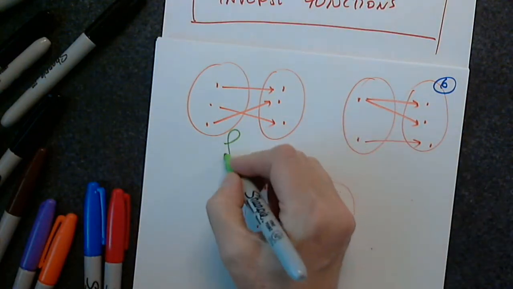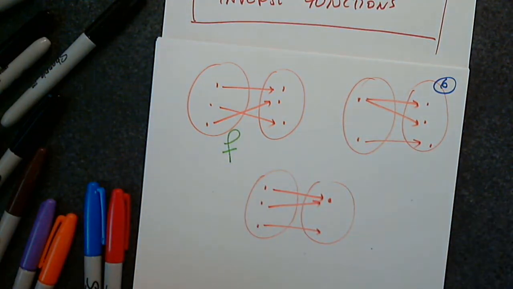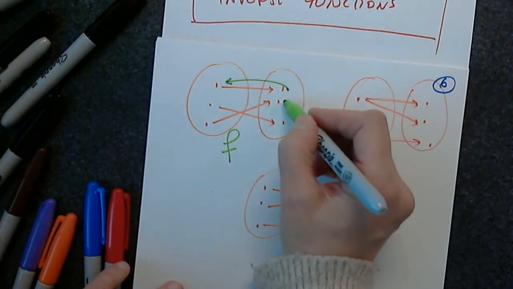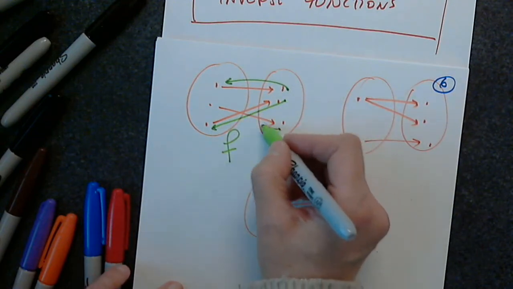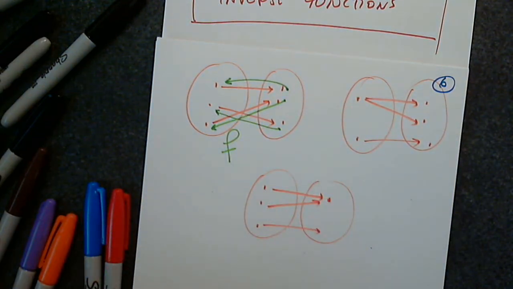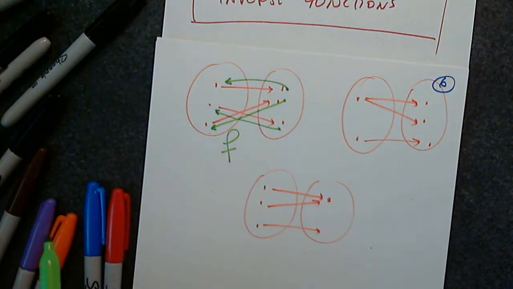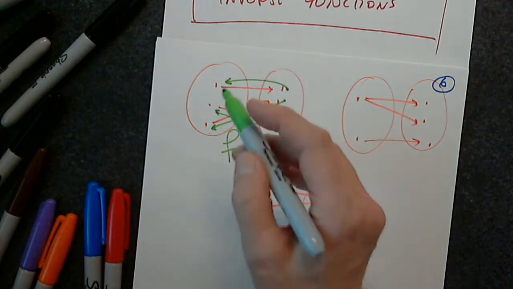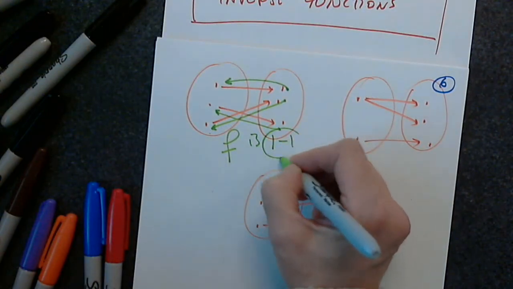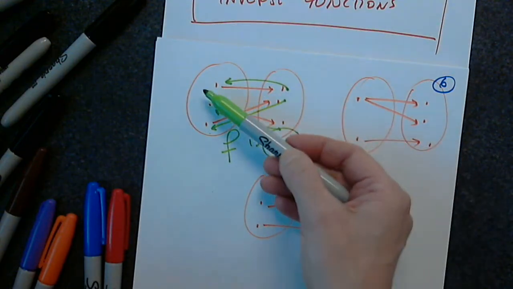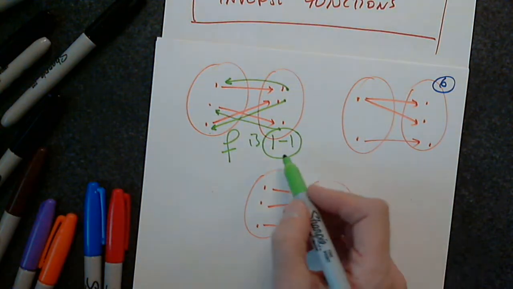This is a function. Question now. If I want to go backwards, from this point back to this one, from this point back to this one, and from this point back to this one, do I create a function or a relation? To each x only one y, to each x only one y, to each x only one y. So it's still a function. That's why this function is one-to-one. Not only does each x correspond to only one y, but also each y corresponds back to only one x. So it's called one-to-one.